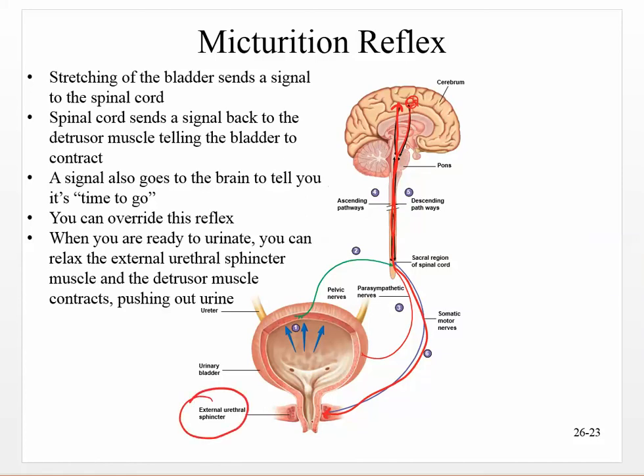It will pinch it, close it, and prevent it from opening. Now, when you're ready to go, you can relax this external urethral sphincter, and that will allow this reflex to take place. Then the detrusor muscle will contract, and it will push the urine out.